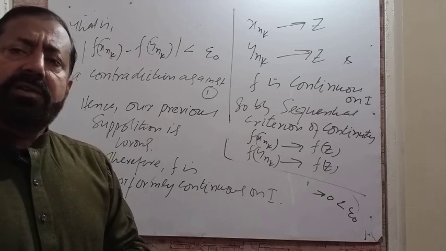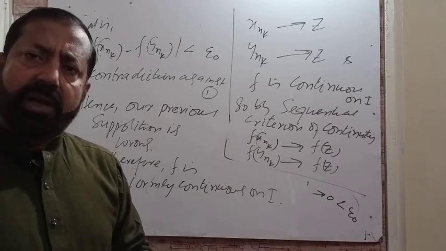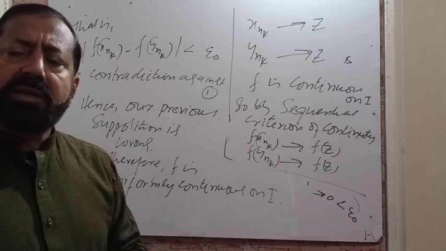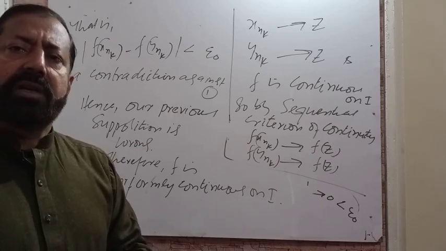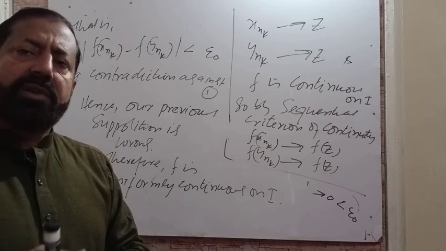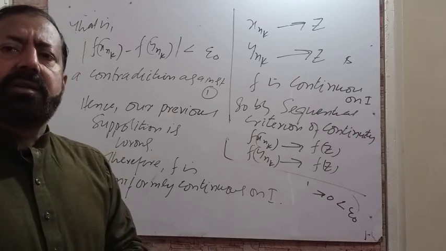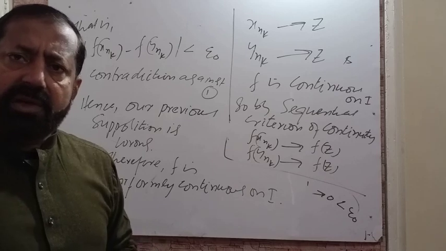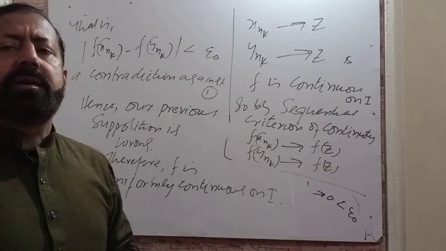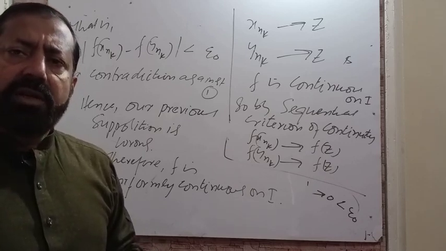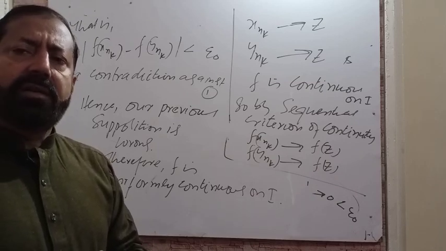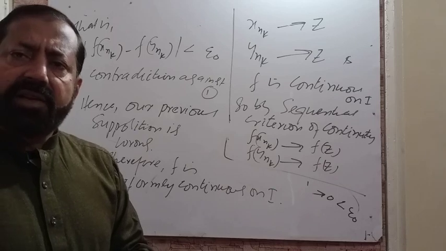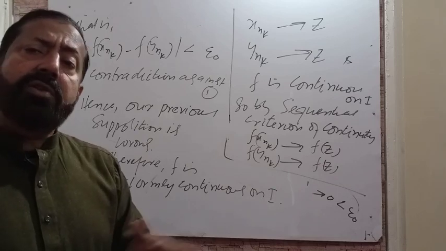Since y_n is also in your domain I, y_n also has a convergent subsequence. Let it be y_nk, and my target is to show that y_nk is also converging to z. Soon after I established that y_nk is also converging to z, you have f(x_nk) minus f(y_nk) converging to 0.